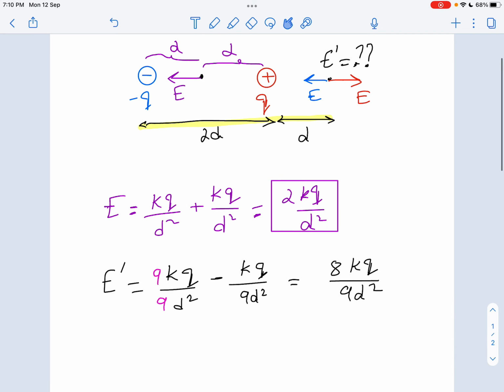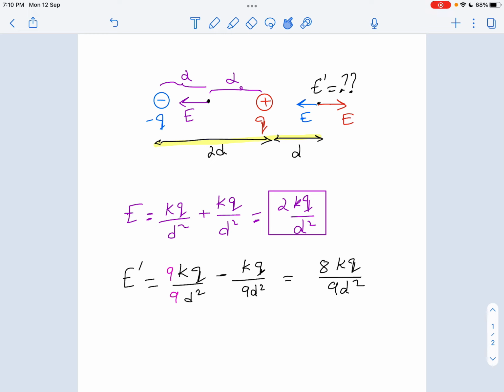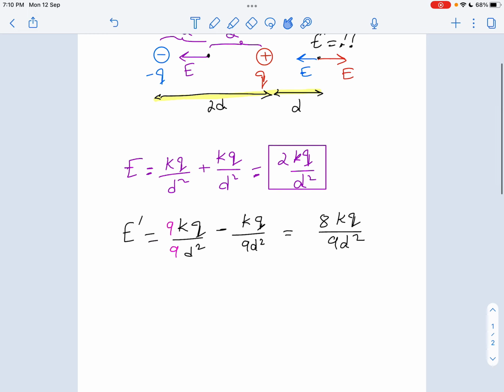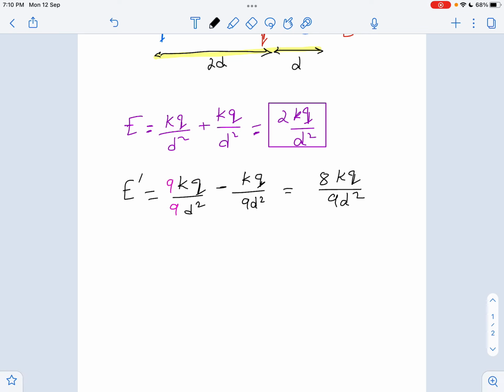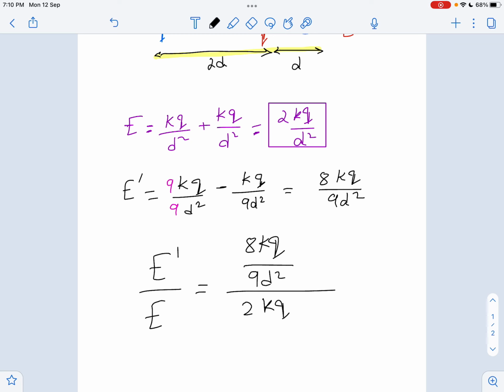When they ask us to find the new electric field, or E prime, in terms of a certain electric field E, the easiest way to do it is to use the ratio technique. So you write E prime over E. We use the ratio technique because we are going to cancel the similar terms. So E prime is 8KQ over 9D squared, and E is 2KQ over D squared.